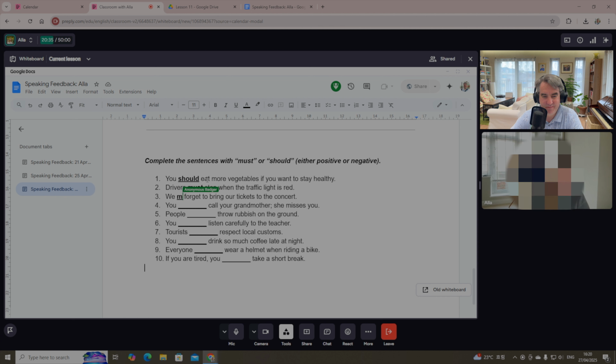We mustn't forget to bring your tickets to the concert. Okay. Now, in terms of mustn't, we need to put the T: must, and then N apostrophe T.